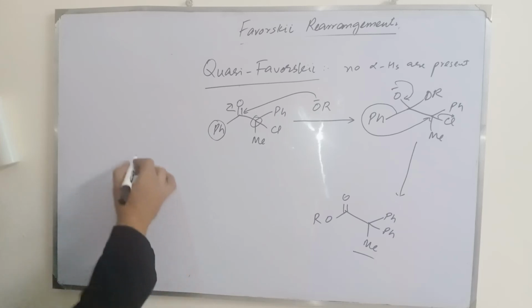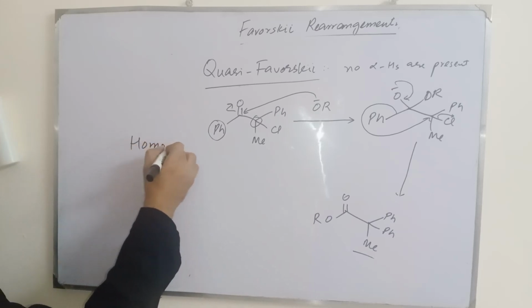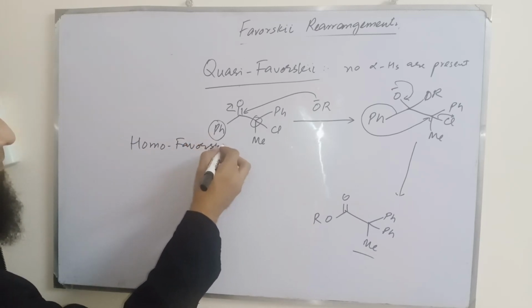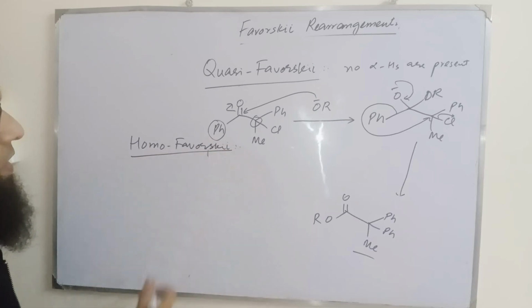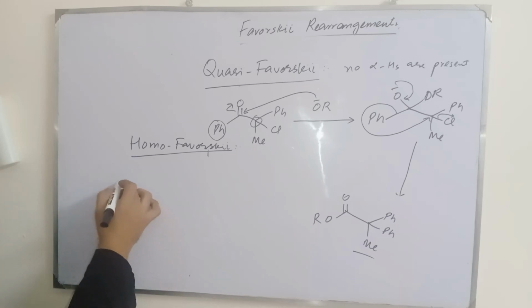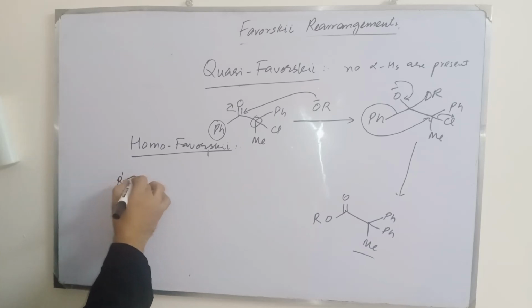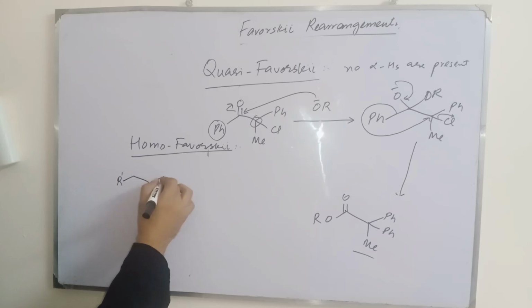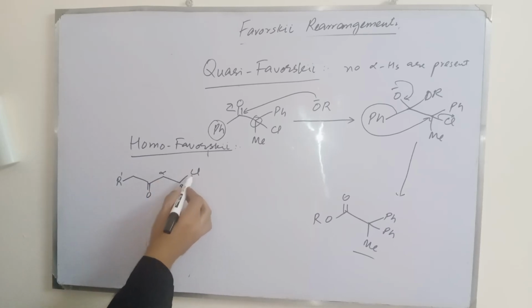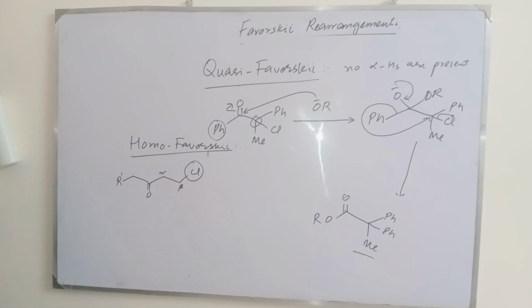Another type is homo-Favorskii rearrangement. If a halogen group is installed on the beta carbon, then what would we get? For example, this is the alpha carbon, this is beta, and the halogen is attached on the beta carbon.